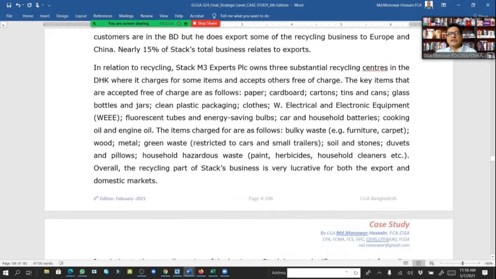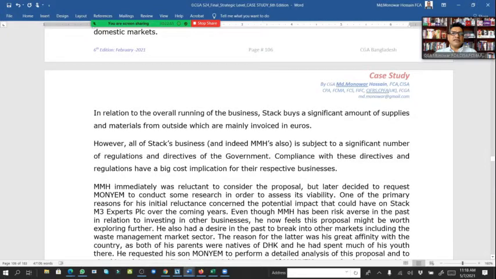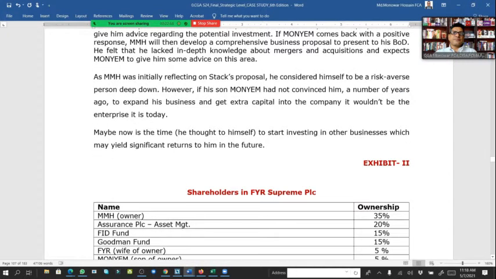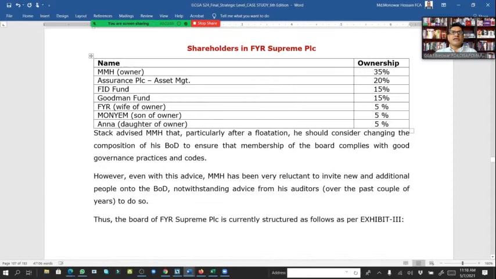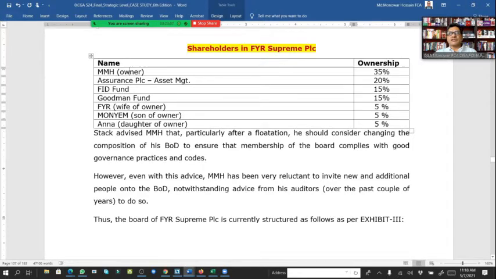So this is the company's background. We have to read it carefully. Everything is described here. Now the shareholding position of that company. The real owner owns 35% of the shareholding, another company holds 20%, another fund holds 15%, another fund 15%.